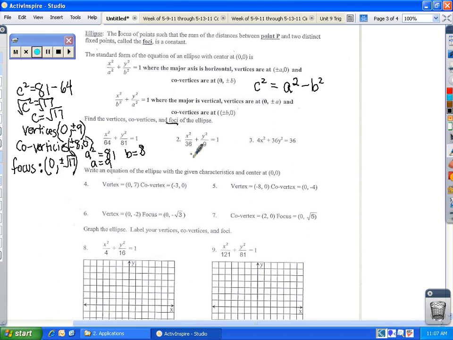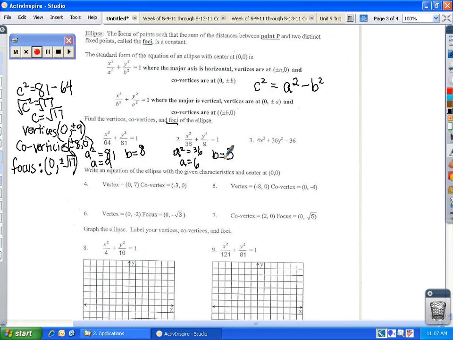Okay. Number 2, you want to look for the same thing. So which of these is a bigger number, 36 or 9? Since 36 is the bigger number, you know that a squared is equal to 36. Therefore, a is equal to 6. And b is equal to the other one. So what's the square root of 9? It's 3.